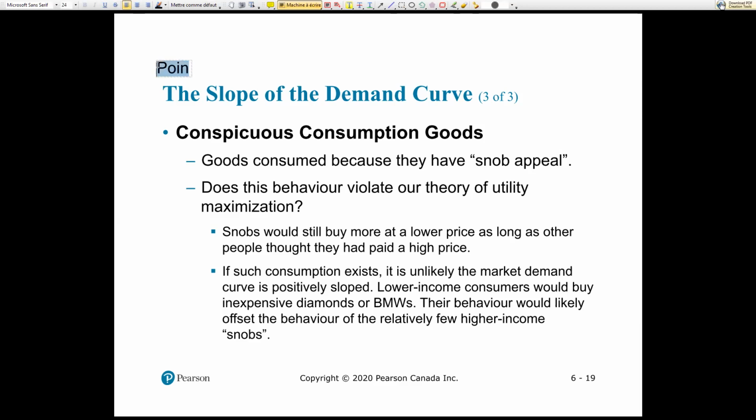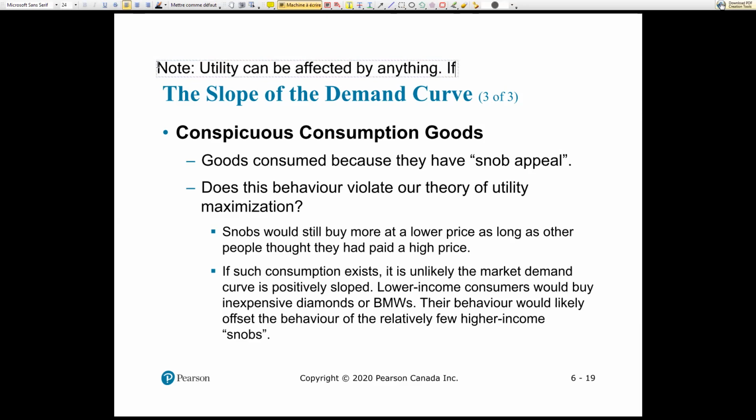A note: utility can be affected by anything.